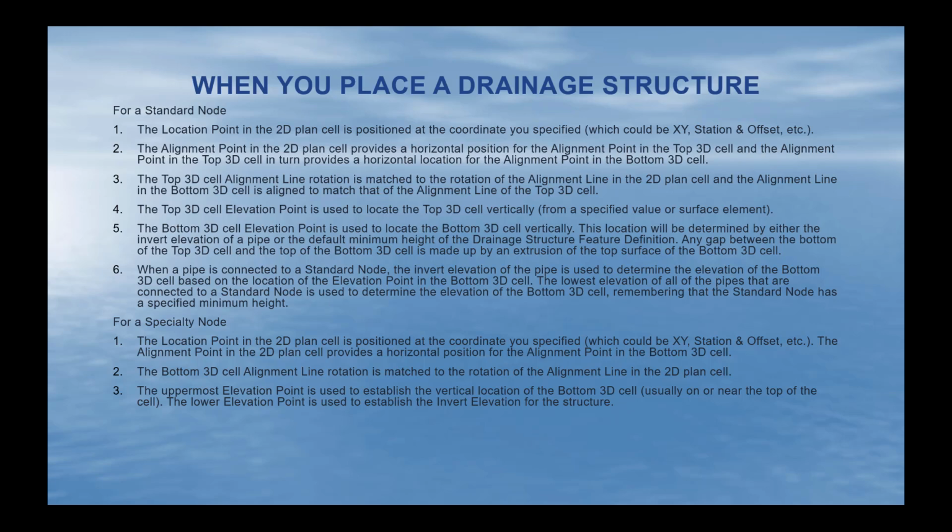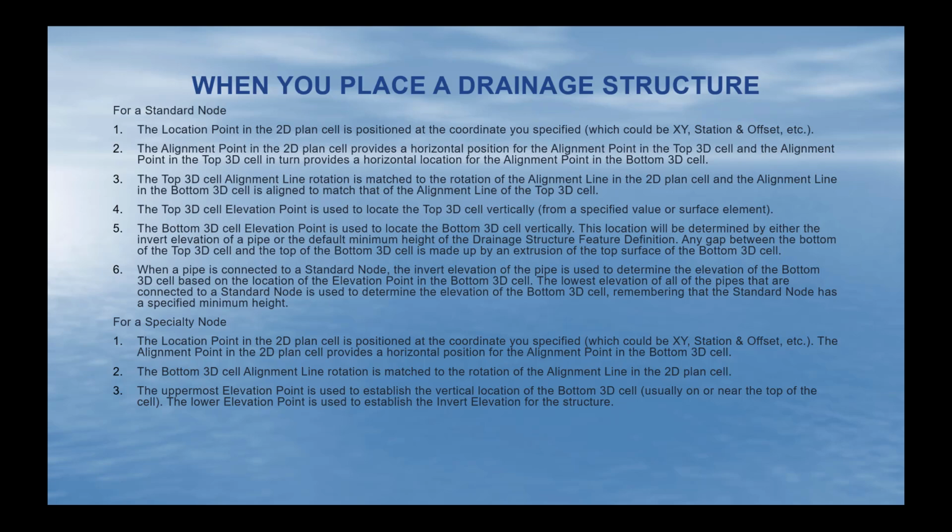The bottom 3D cell alignment line rotation is matched to the rotation of the alignment line of the 2D plan cell. The uppermost elevation point, which is the added point that these have that are different from a standard bottom cell, is used to establish the vertical location of the bottom 3D cell, usually on or near the top of the cell.